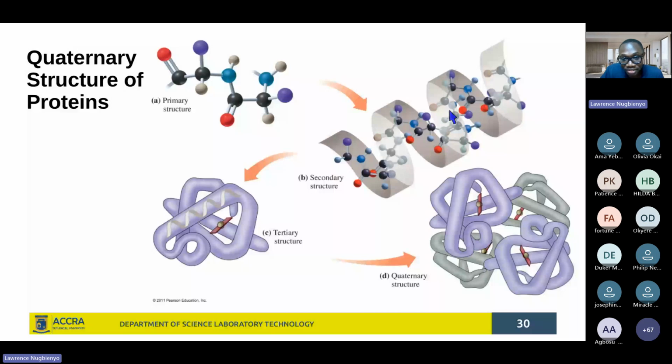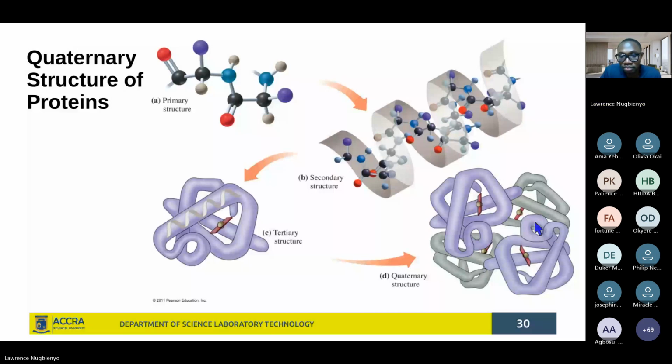And from there, you have a tertiary structure. And from the tertiary structure, you have a quaternary structure. So these are the 4 levels of the organization of proteins: primary structure, secondary structure, tertiary structure, and the quaternary structure. Right.